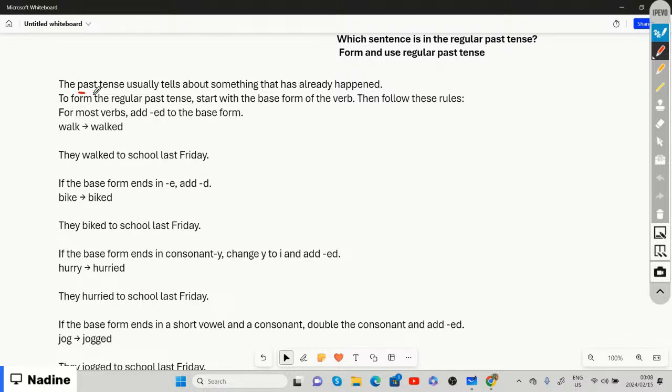The past tense usually tells us about something that has already happened. To form the regular past tense, we need to start with the base form of the verb, so basically whatever the action is that the person is doing.